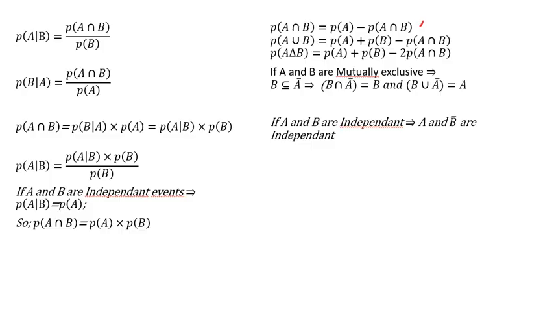Here the first one, the probability of A intersect B bar, is simply, as we saw in the first videos, the probability of A minus the probability of the intersection of A and B. We solved this in the first videos and we know how we got it.